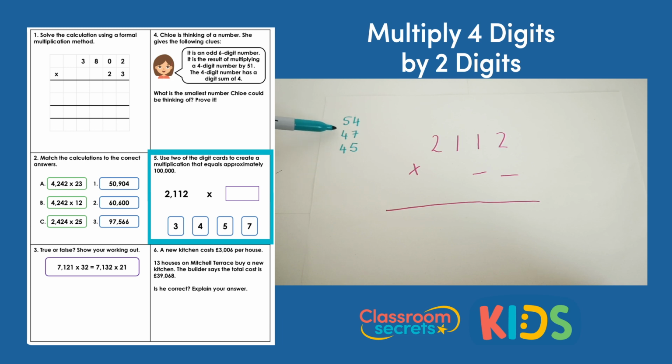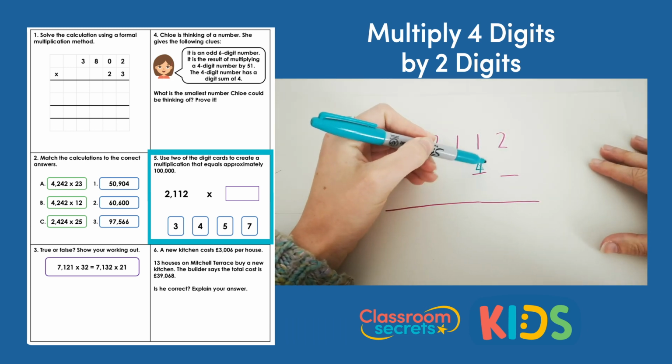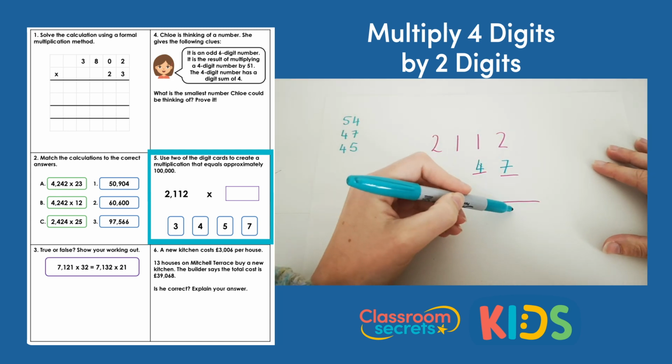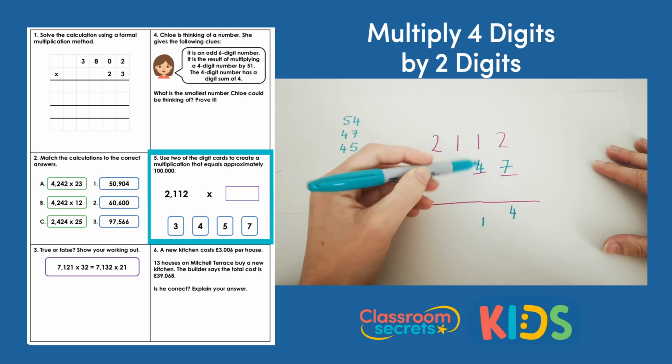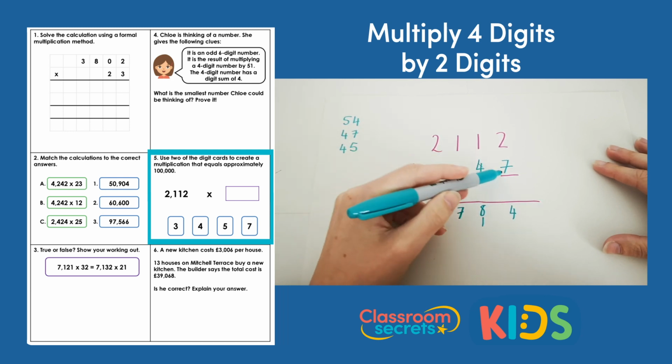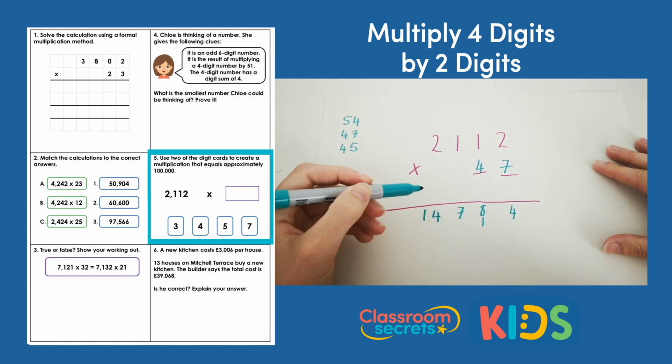So I'm going to try 47 to see how close to 100,000 that gets me. So I would do 2 times 7 is 14. 7 times 1 is 7, add 1 is 8. 7 times 1 is 7. 7 times 2 is 14.